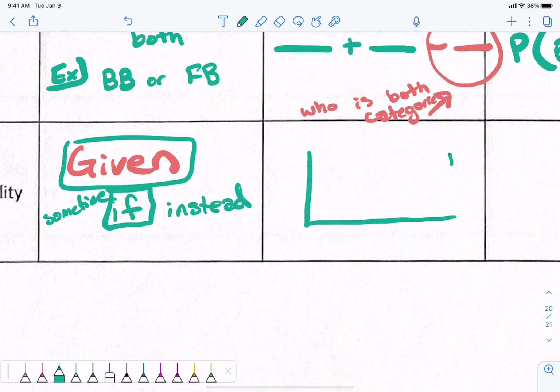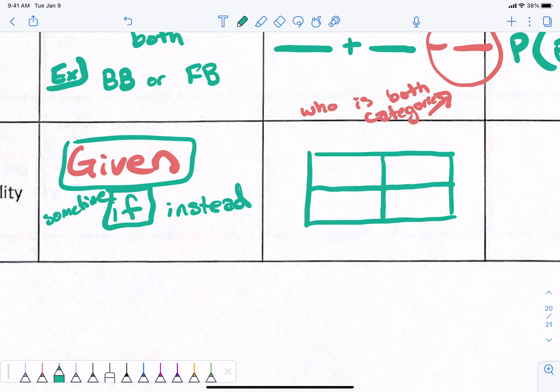What category should we do? I'm going to do a table here. Let's not do cancer or drugs. We could do boy, girl, or ice cream flavors, but we need two categories and two other categories.